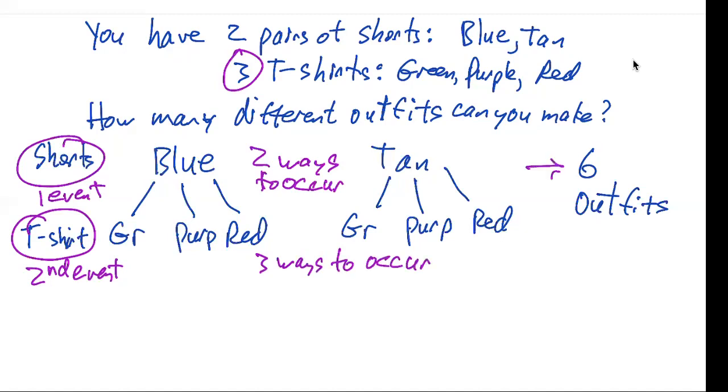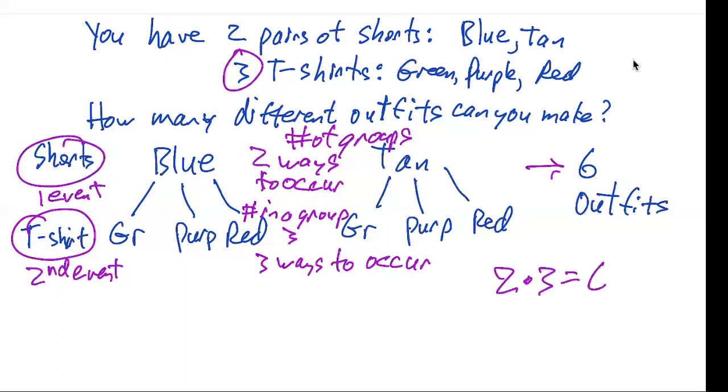I bet you see how we got the 6, because this gives me sort of the number of groups I have. I have 2 groups, and this is number in the group, which is 3. We did 2 groups times 3 in a group, we got 6. That's the counting principle.